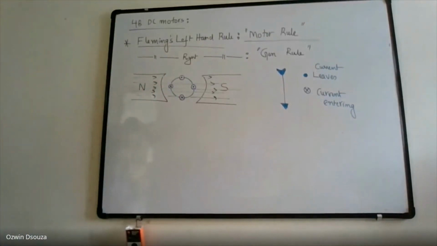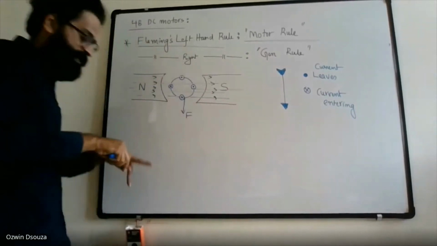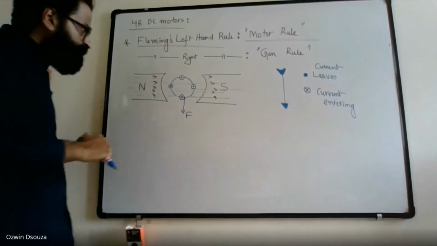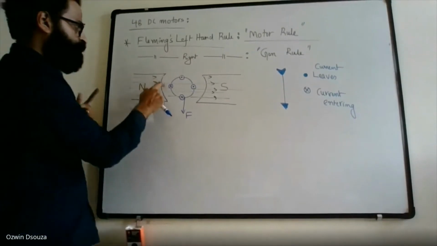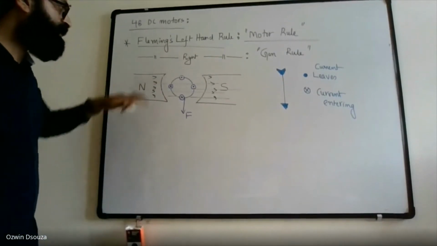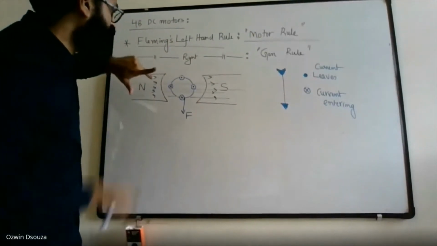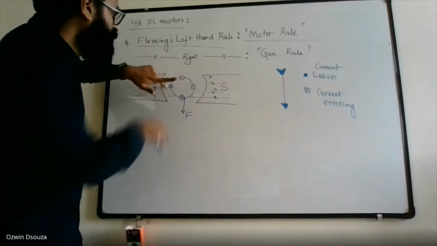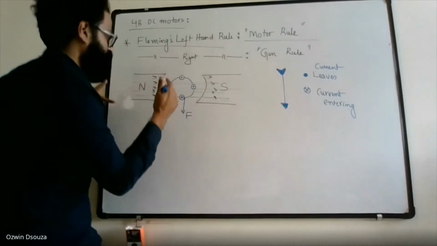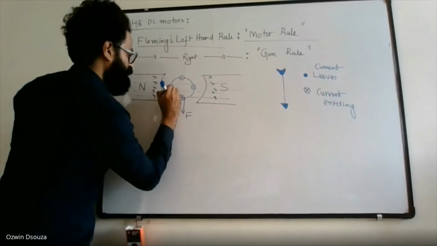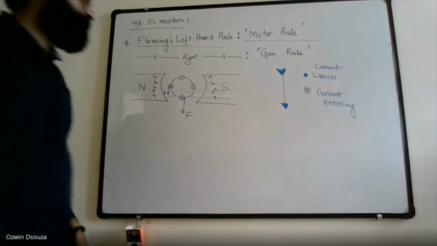Let us mark that force. Force is downwards. Now let us go to the second conductor, in which the current is entering. The same thing: central finger in the direction of current, forefinger in the direction of flux, and the thumb gives the direction of motion. Once again, the force is acting in the downward direction.